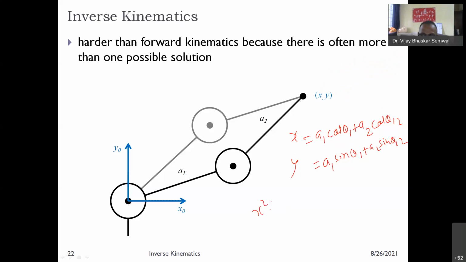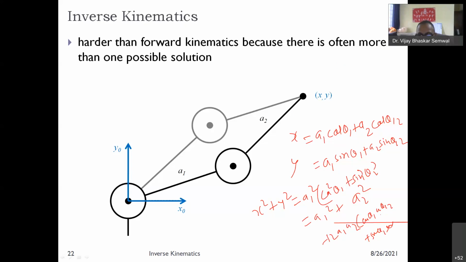So x square plus y square is what? It is a1 square cos square theta 1 plus a2 square, using the (a plus b) square formula: a square, b square, 2ab. In this case, cos square theta and sin square theta sum to 1, so I get a1 square. Similarly for a2 square. Then 2 a1 a2 times cos theta 1 cos theta 1 plus 2 plus sin theta 1 sin theta 1 plus 2, which is the cos (a minus b) formula.